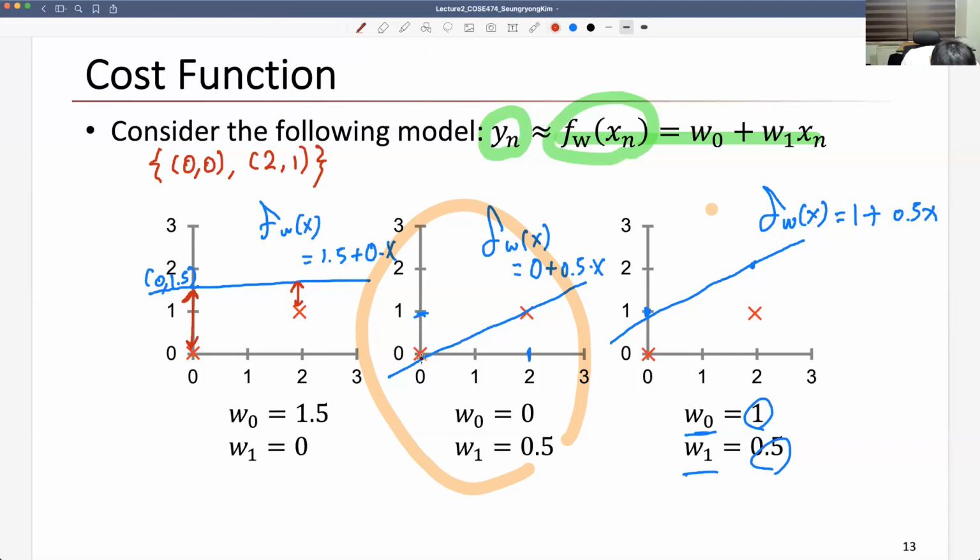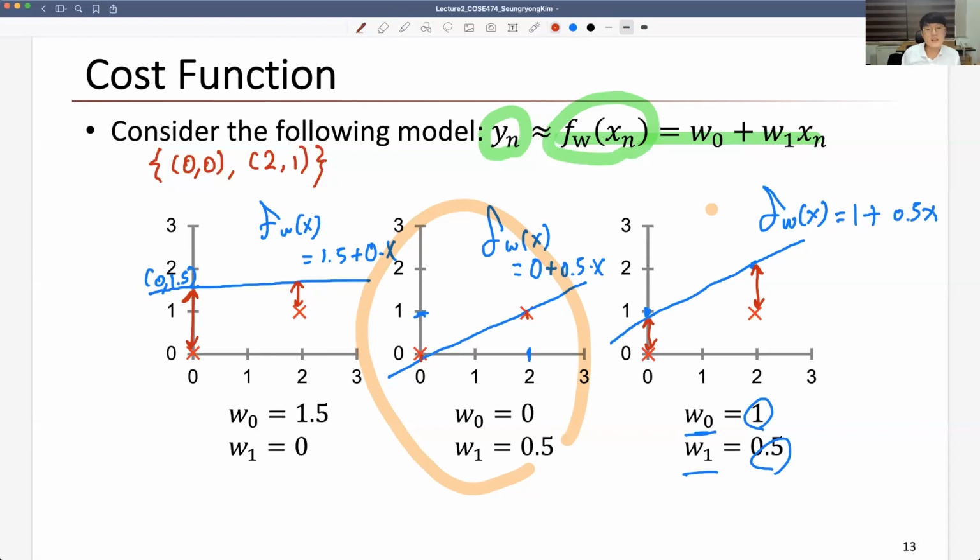In the second case, the distance is zero, because they exactly approximate the training data set. In the third case, the distance looks like this. So we can say that the middle one is the best because it has the smallest error between the ground truth and the estimated one.